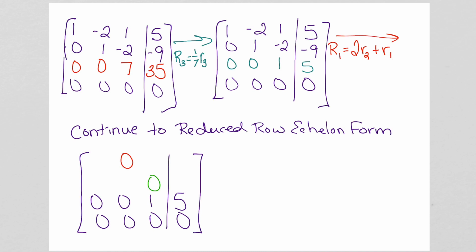There we go. So, because we've got a 0 there, we keep our 1, very important. And then 2 times -2 is -4. -4 plus 1 is -3.